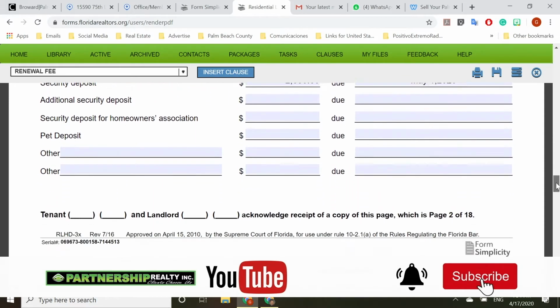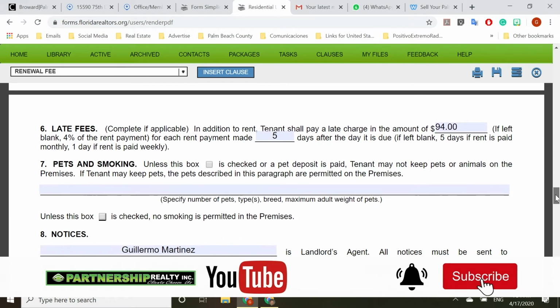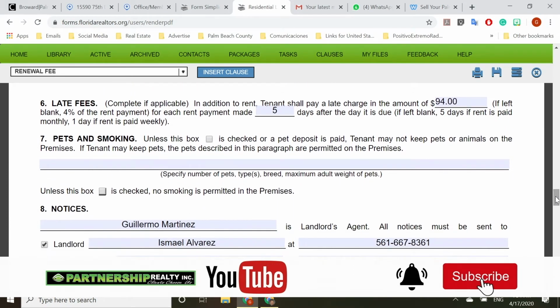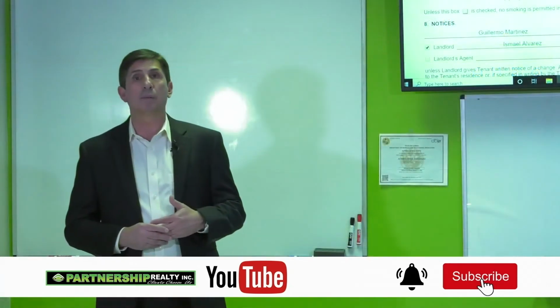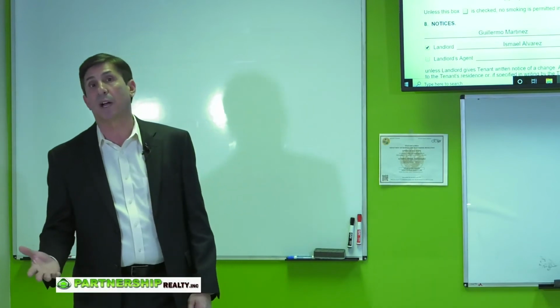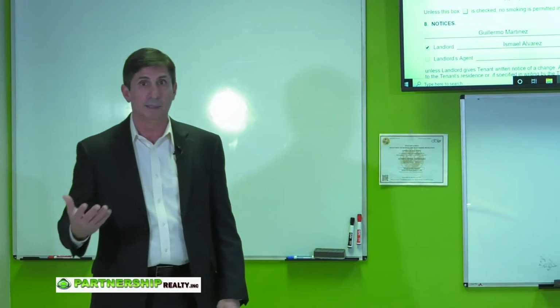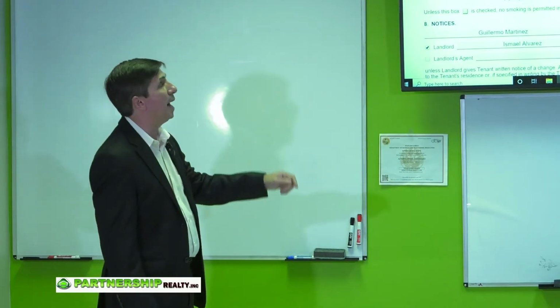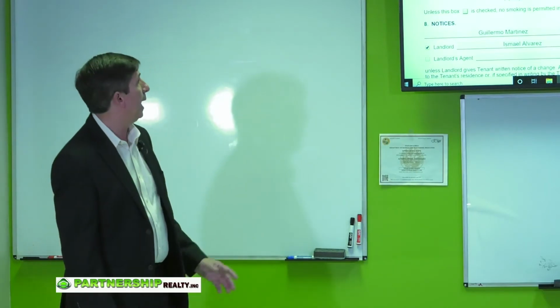So we want to go down now. Late fees. Again, you're going to discuss all this with the landlord. Sometimes they'll only give a 3-day grace period, sometimes 4 days, 5 days. So this landlord, me, I was pretty gracious, and I did a 5-day grace period. And what is it?